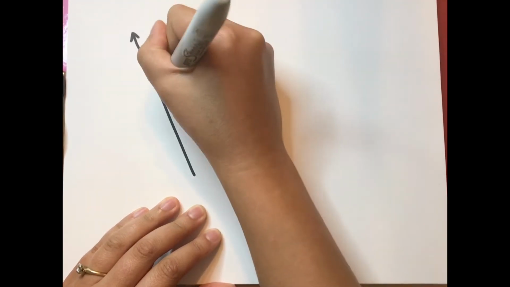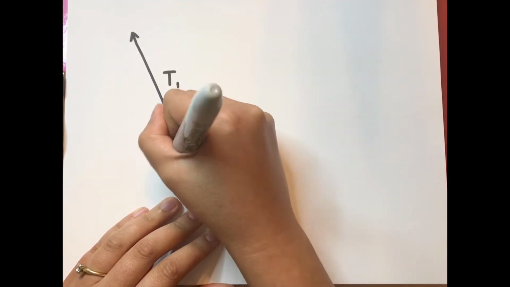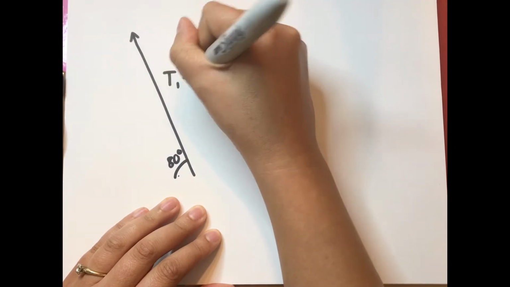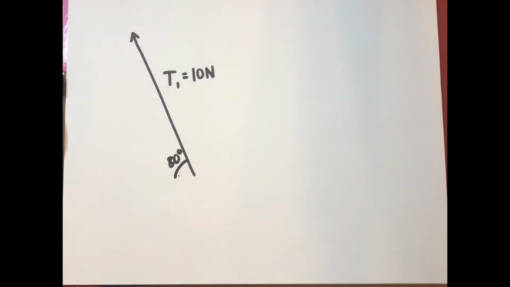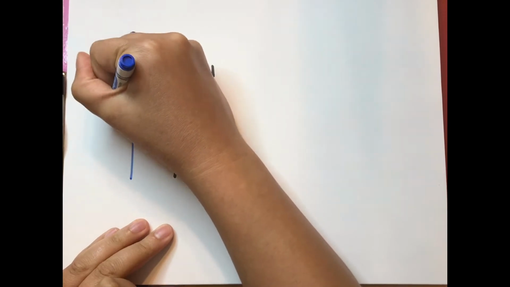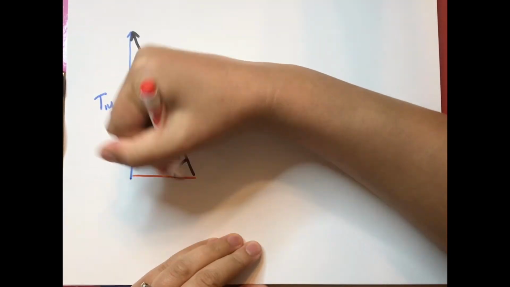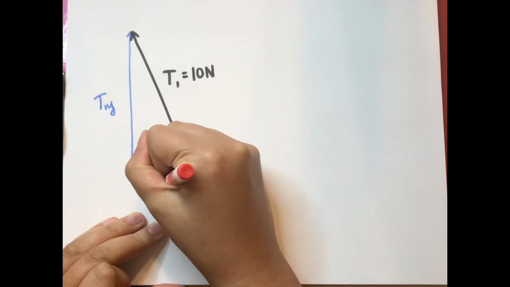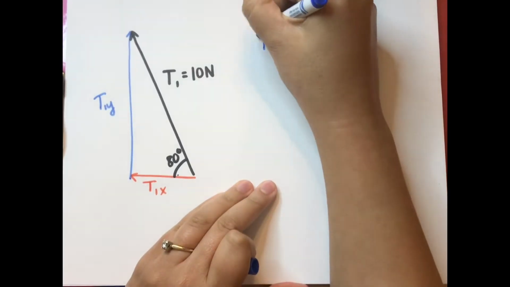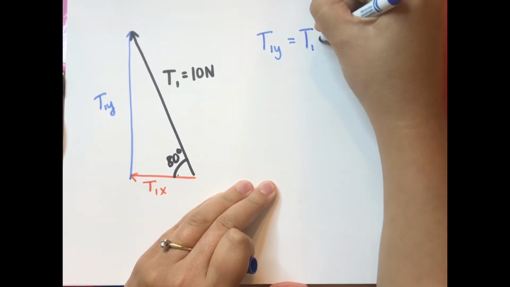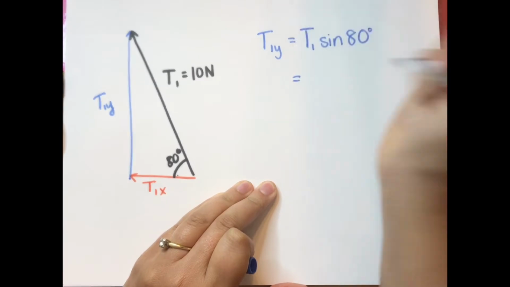Let's start with T1. T1 is at 80 degrees above the horizontal, and let's say my force probe along that string reads 10 newtons. In the y direction, I would want to use sine to calculate that component. In the x direction, I would use cosine. For notation, notice that I use T1y to be the y component of T1.